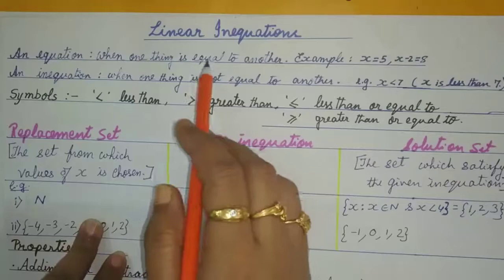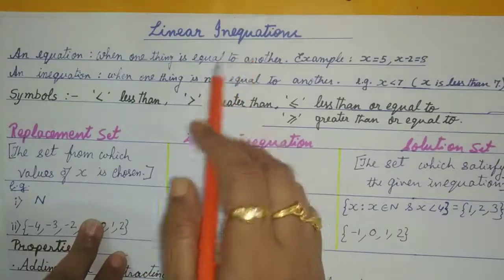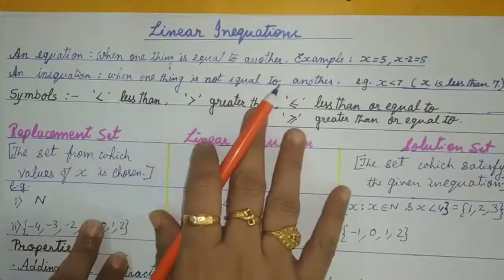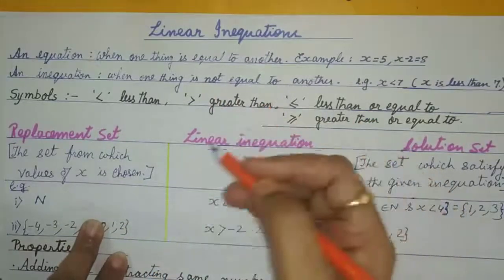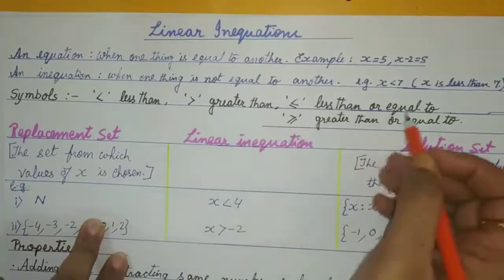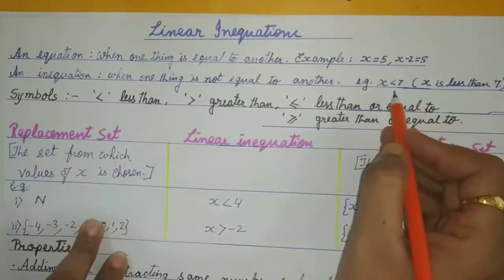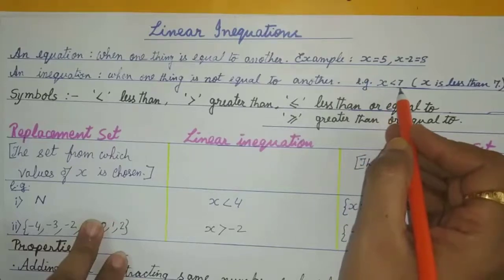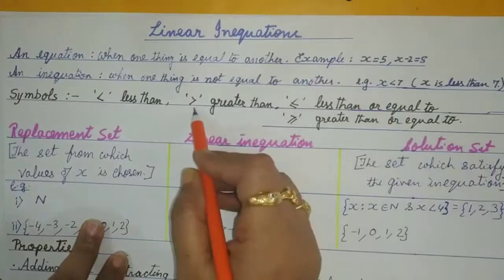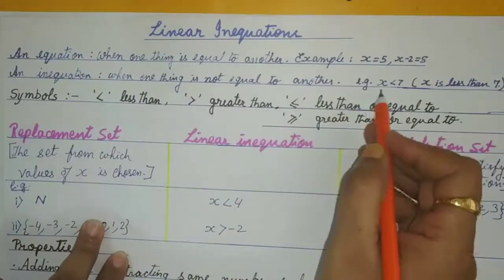But in an inequation, what happens? When one thing is not exactly equal, it can be less than, greater than, less than or equal to, or greater than or equal to. Like one small example I have taken, x is less than 7. So the less than sign. It could have been the greater than sign also, so any value which is greater than 7.